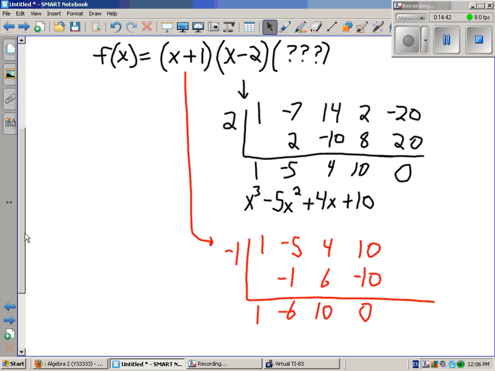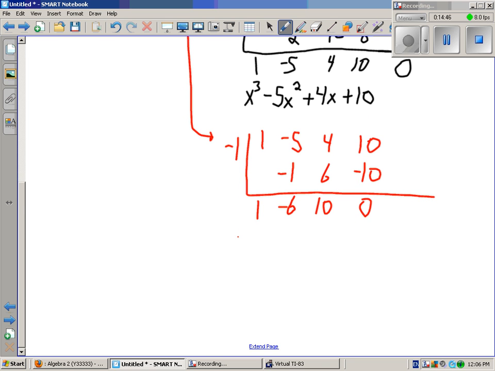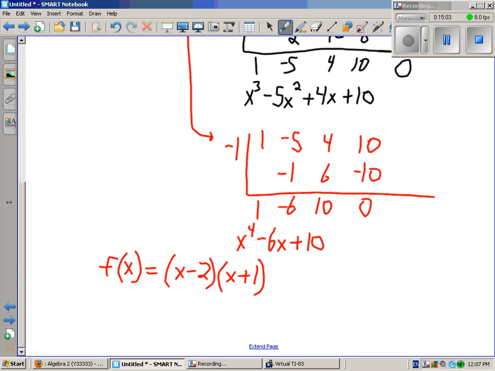Okay, so what I'm left with is x to the fourth minus 6x plus 10. That is what is left after I factor out those two. So I have an intermediate stage of x minus 2 times x plus 1. Actually, upstairs just a little bit, I did x plus 1 times x minus 2. So I'm going to stick with that order. Doesn't really matter, but just to keep things consistent.